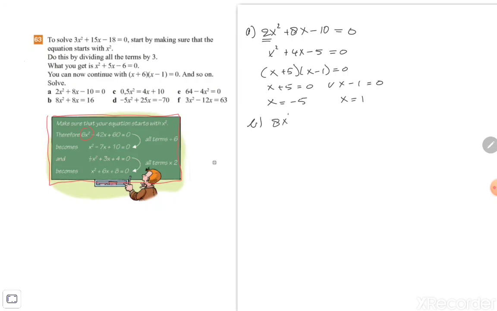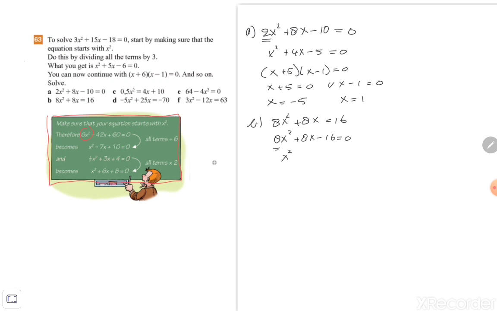B. 8x squared plus 8x is equal with 16. Now, we need to write it down in the form ax squared plus bx plus c is equal with 0. So on the right side is equal with 0. Then you get 8x squared plus 8x minus 16 is 0. Before the x squared there's an 8, so divide everything by 8.